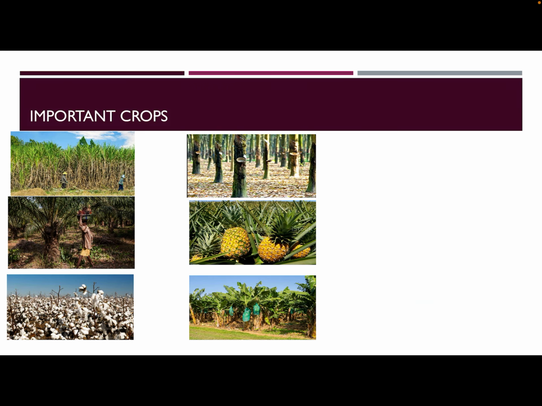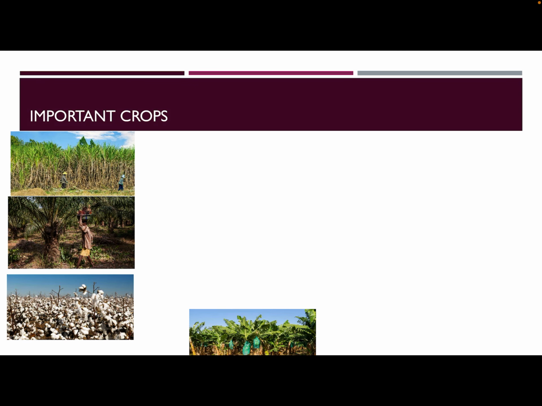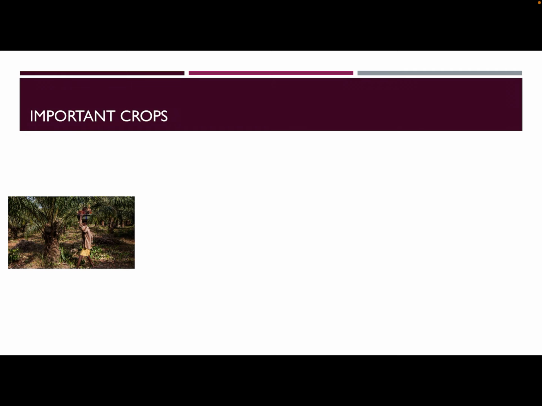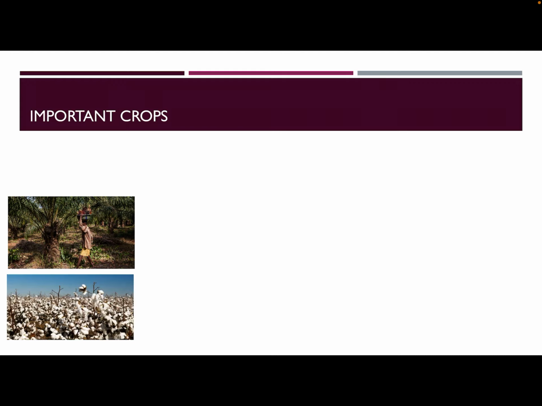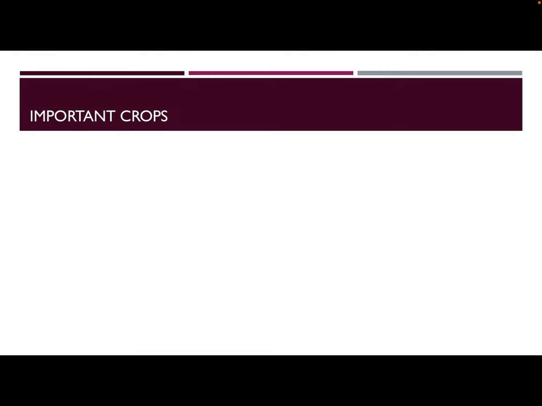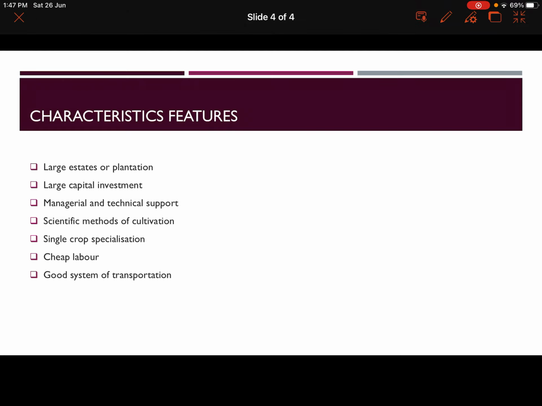Then cocoa, rubber, pineapples, banana and sugarcane, then palm oil, and then cotton. These are the crops which are majorly grown, and these require certain kinds of mechanization, which we are going to see in the next topic, the characteristic features of plantation crops.